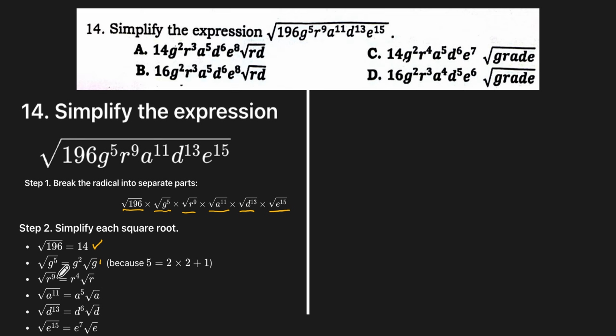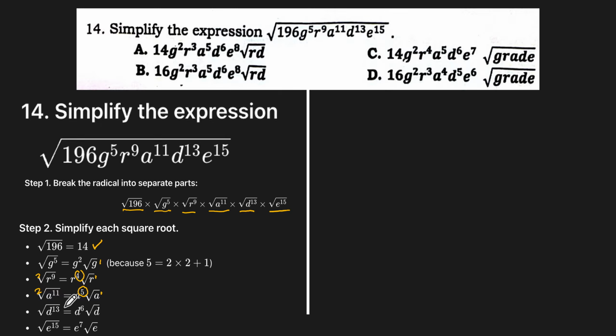So square root of r raised to 9, 9 divided by 2 is 4. So we have right here 4. And there must be remainder 1. And then square root of a raised to 11, 11 divided by 2, that is 5. And then there must be a remainder 1.